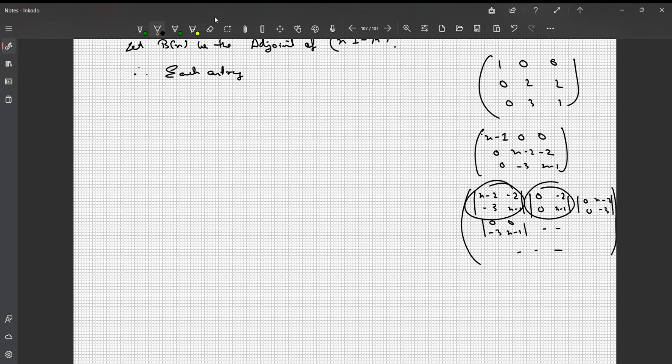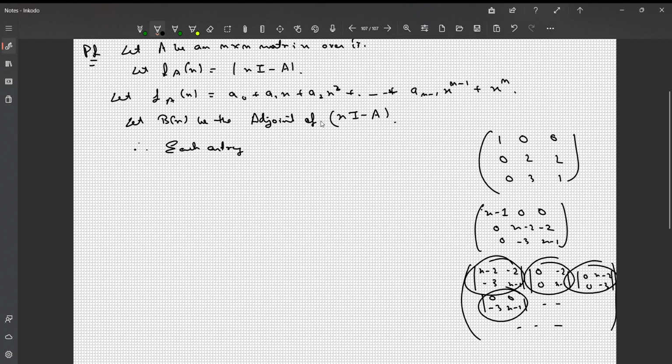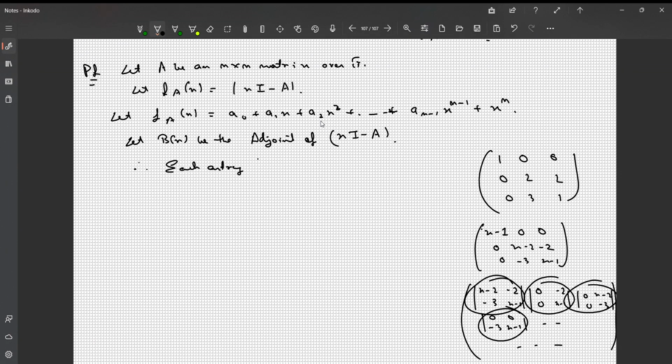So each element is of degree less than or equal to 2, each element of B is of degree less than or equal to n minus 1. So each entry b_ij of the polynomial matrix B(x) is of degree less than or equal to n minus 1, where n is the dimension.